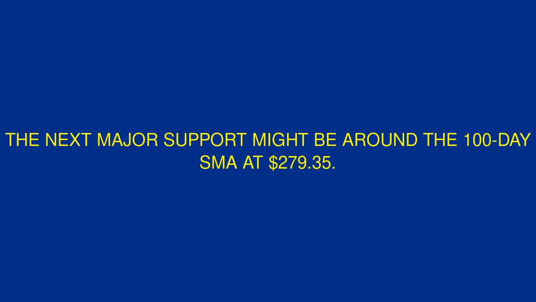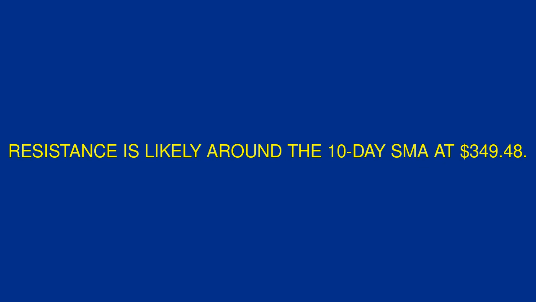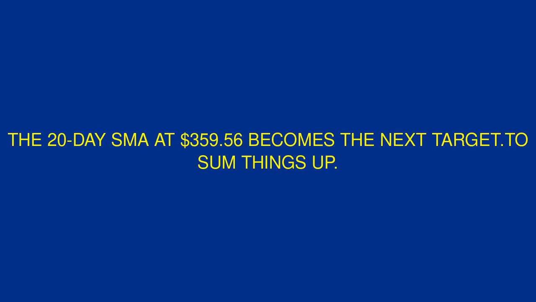And if that breaks, the next major support might be around the 100-day SMA at $279.35. On the upside, resistance is likely around the 10-day SMA at $349.48. And if the price can break above that, the 20-day SMA at $359.56 becomes the next target.